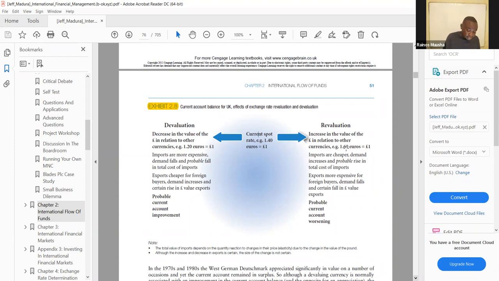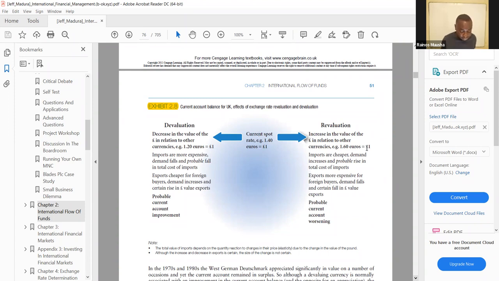But at the same time, exports are more expensive for foreign buyers, so demand falls and there is a probable fall in the pound value of exports. From a foreigner's perspective, they only needed 1.4 euros to get 1 British pound, and now they need 1.6 euros. So it is becoming more expensive for them to buy the British pound.